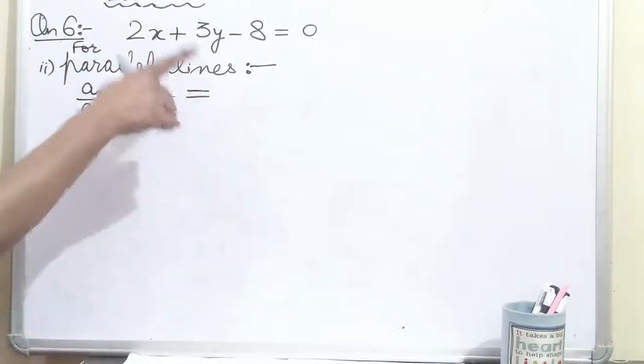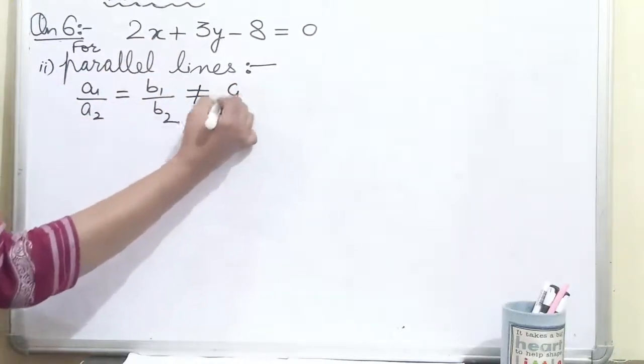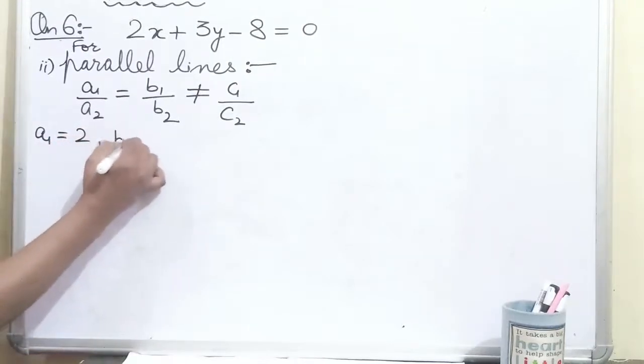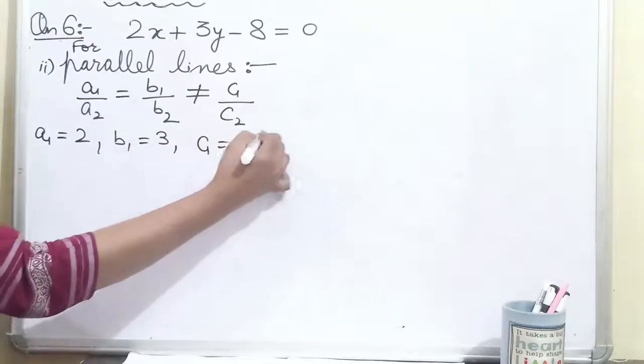It should be not equal with C1 and C2. Now from the first equation, what is the value of A1? A1 is 2, B1 is 3 and C1 is -8.